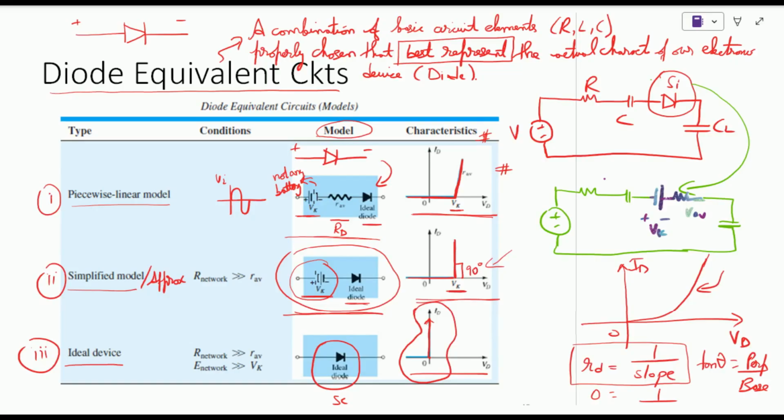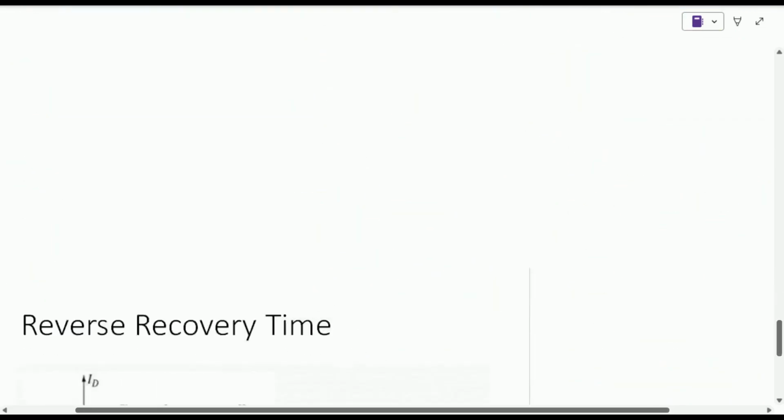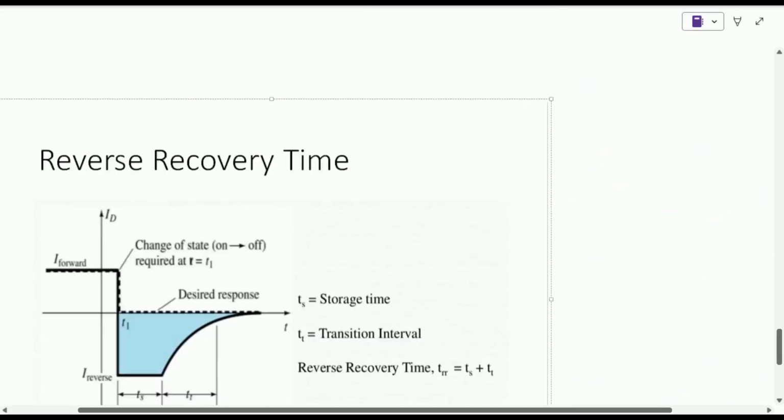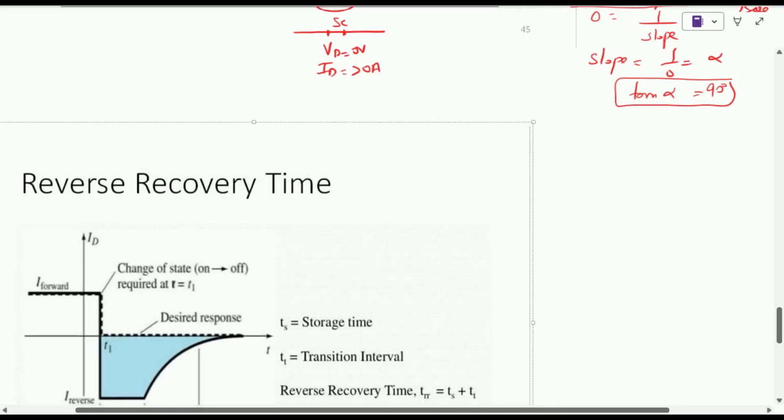So these are the diode equivalent circuit models, and in our analysis most of the questions are related to the second and third kind of diodes, either the approximate model or the ideal model. Finally, we go towards the last topic, and that is basically talking about the reverse recovery time.